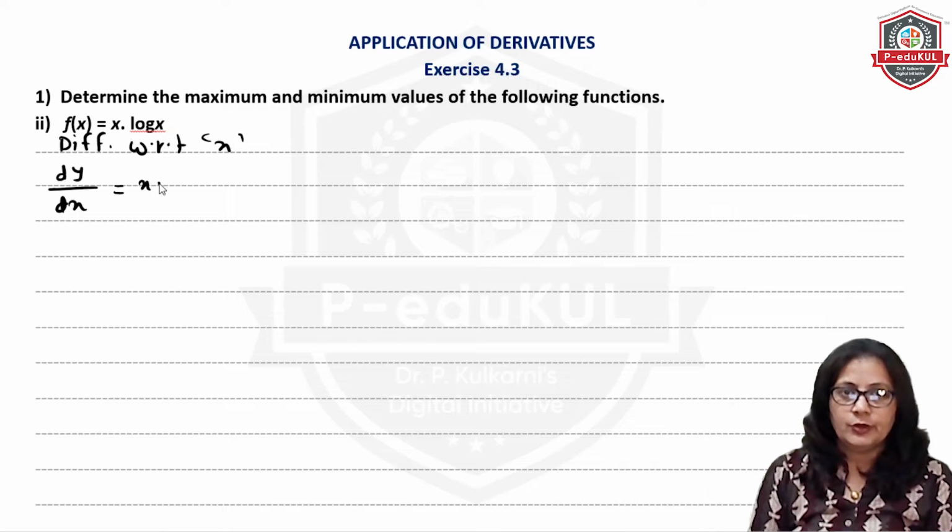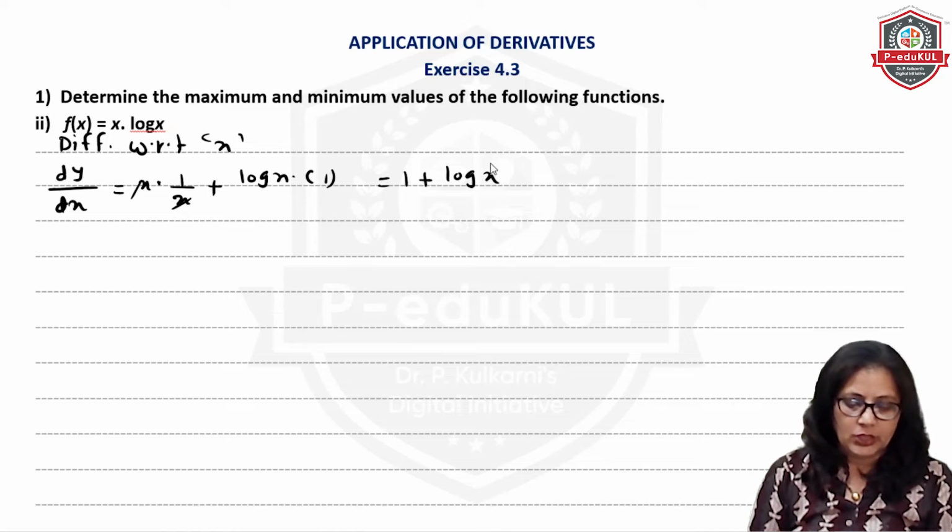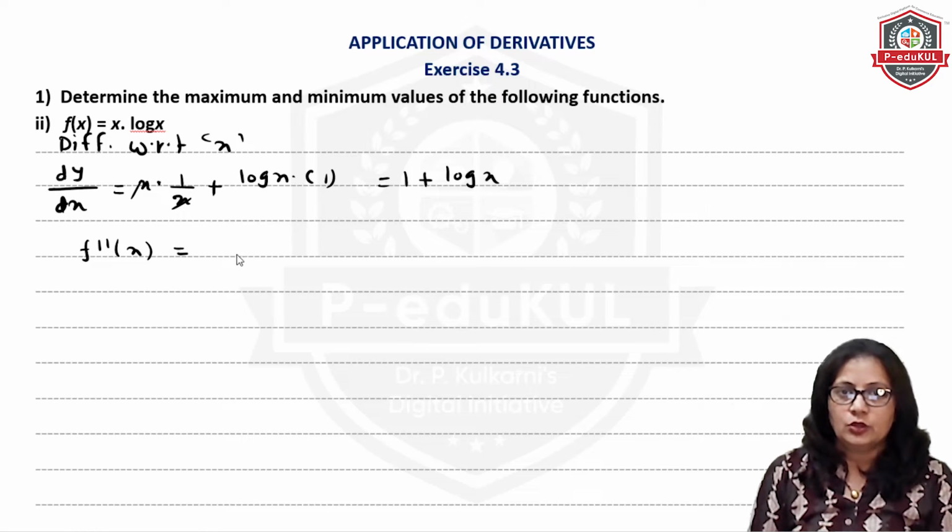So first into derivative of second plus second into derivative of first. So this will come as 1 plus log x. Okay. Now we will calculate one more derivative, f double dash. So in f double dash, the derivative of 1 is 0 and of log x is 1 upon x. So this will be 1 upon x only. And now we will put the value.